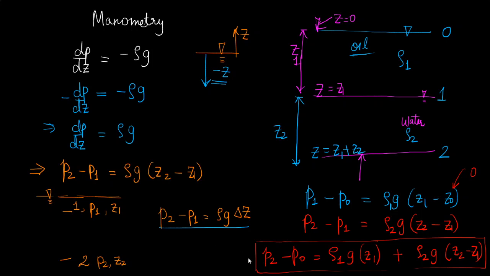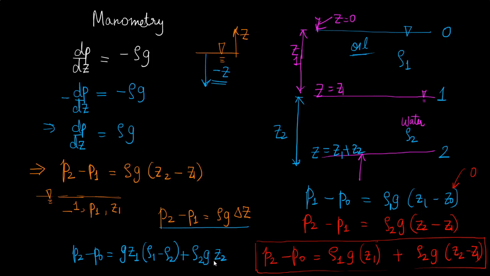If I can simplify this expression further, I will have P2 minus P0 is equal to g Z1 (rho 1 minus rho 2) plus rho 2 g Z2.